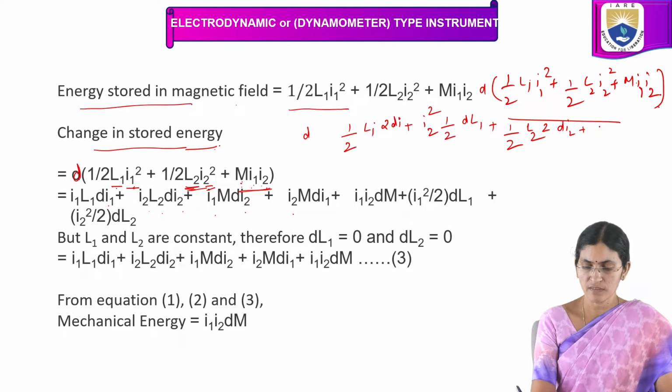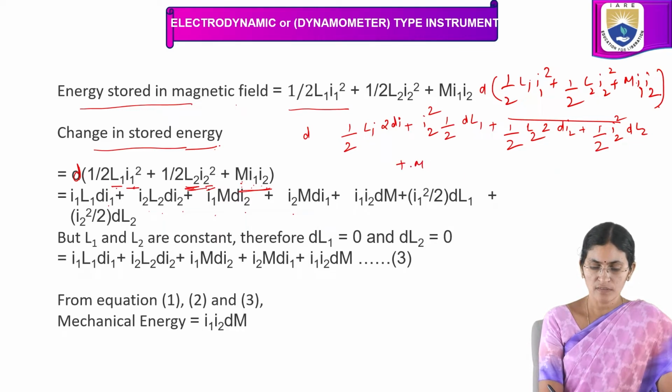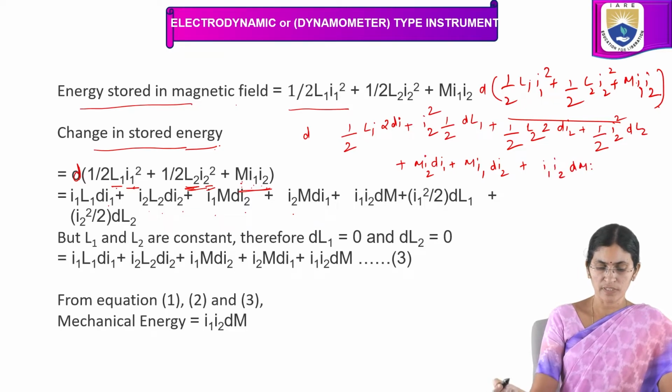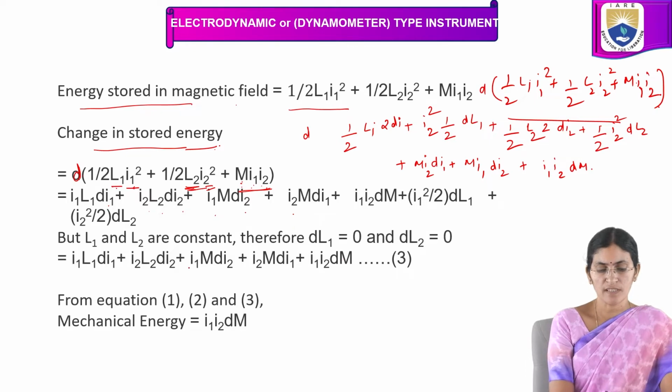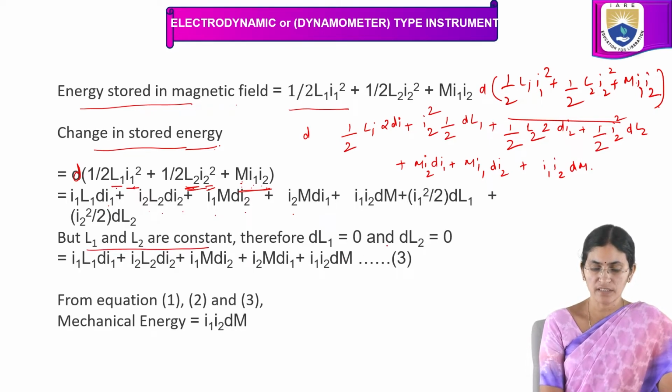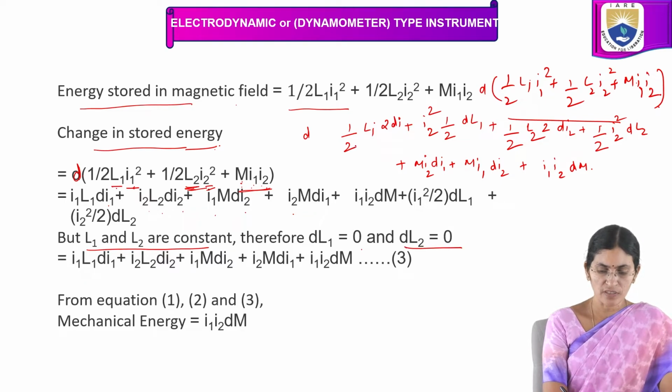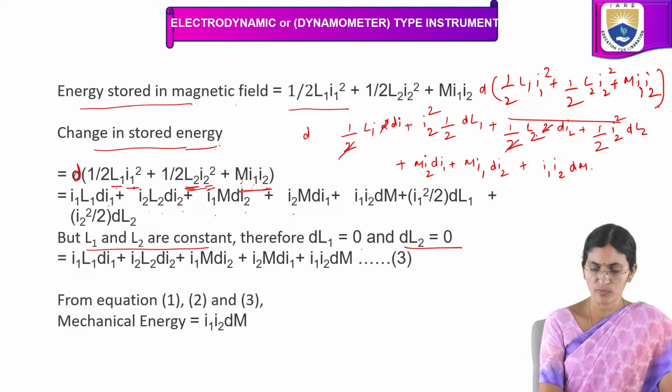Next for the second case, half will remain as it is, so I2 square dL2, plus M into dI1 I2, next M I1 dI2, plus I1 I2 into dM. Here, since L1 and L2 are constants, we can write dL1 is equal to 0 and dL2 is equal to 0. Therefore, from these equations the 2 will get cancelled.